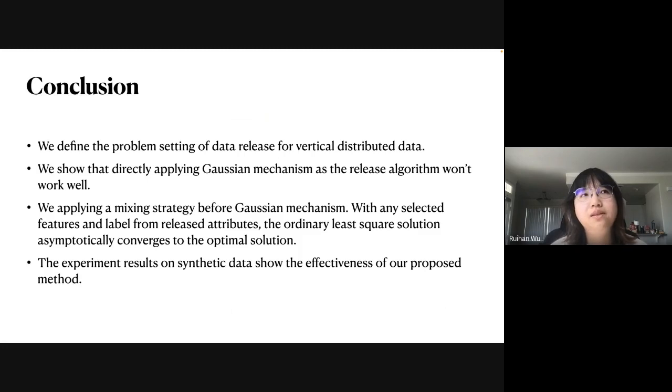With any selected features and label from the released attributes, the OLS solution is guaranteed to asymptotically converge to the optimal solution on the private data distribution. And last, our experiment on synthetic data shows the effectiveness of our proposed method.